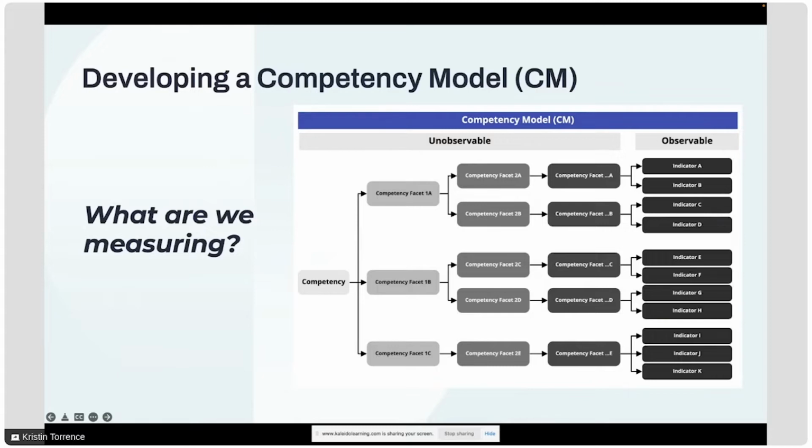Now you can see here on the very left-hand side of the diagram, you begin with a competency, and then as you unpack and you move to the right, the competency facets get increasingly observable, ending with observable indicators on the right-hand side. And these are the behaviors that can be demonstrated in the VR experience.